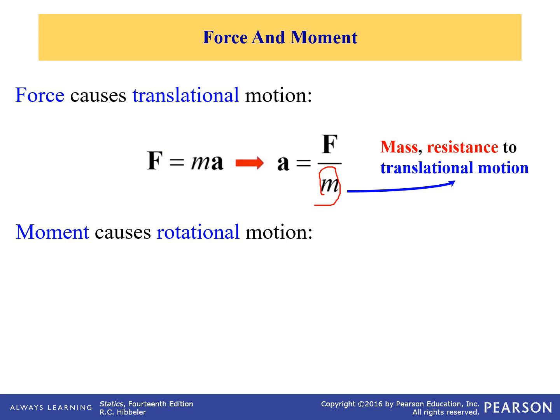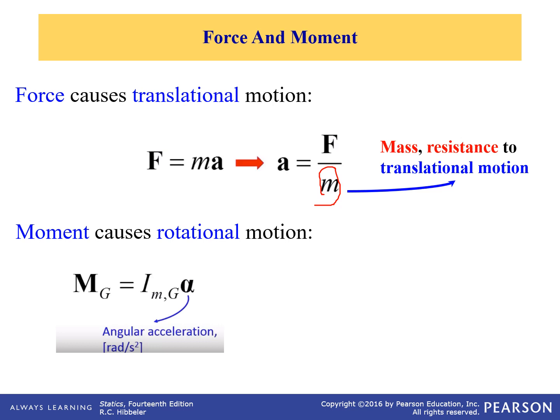Now we know moment causes rotational motion. Can we write something similar and relate moment to the rotational motion of an object? The answer is yes. Just like Newton's second law, we can write a similar relation between the moment and rotational motion.